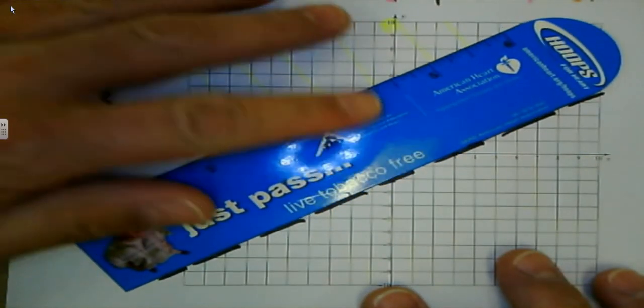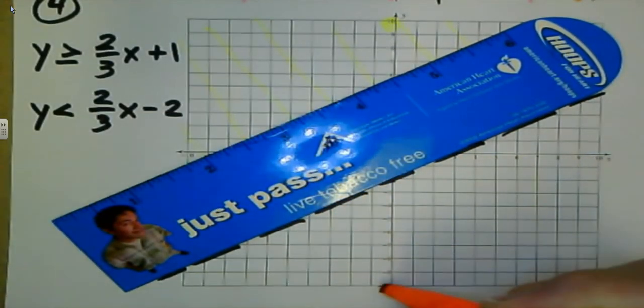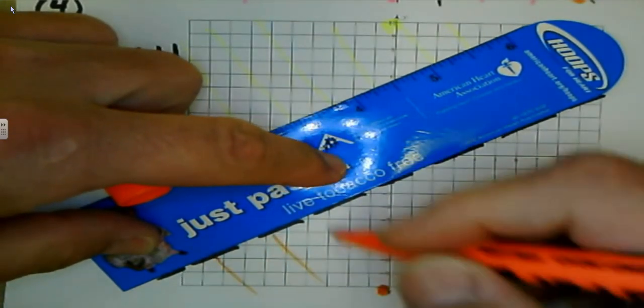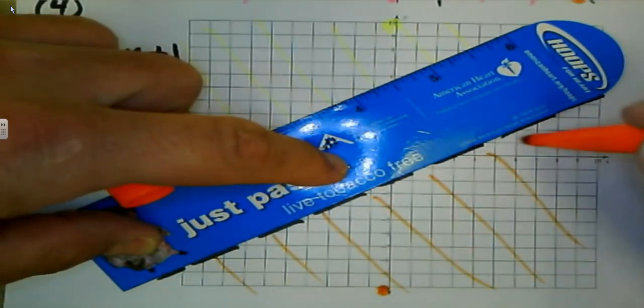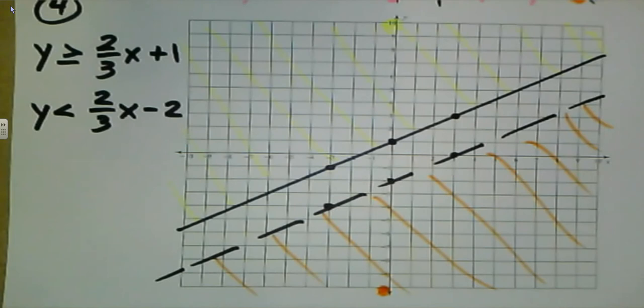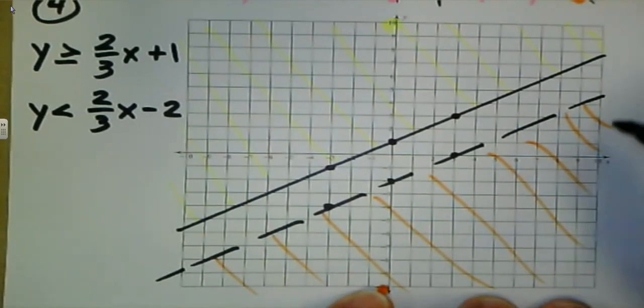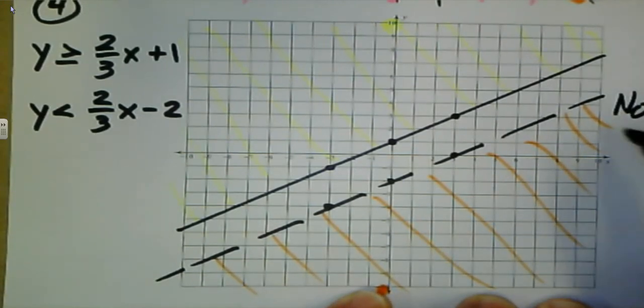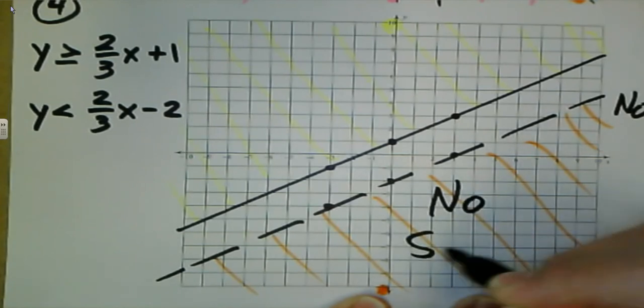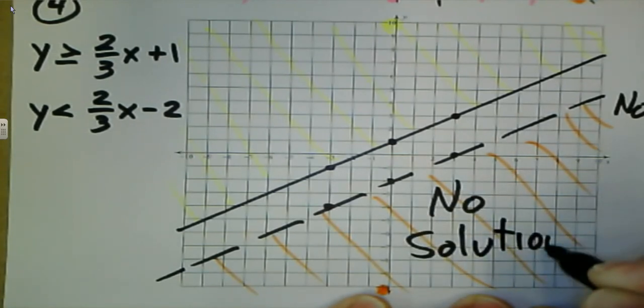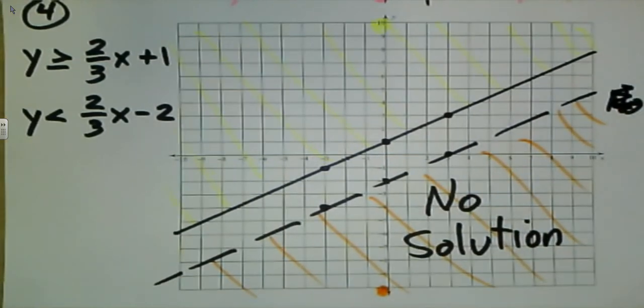So I go less is here. Where do they mix? They don't, do they? So what's the answer to this? No solution.